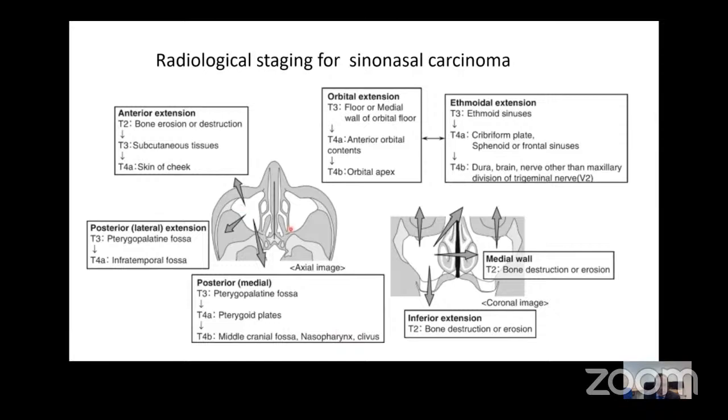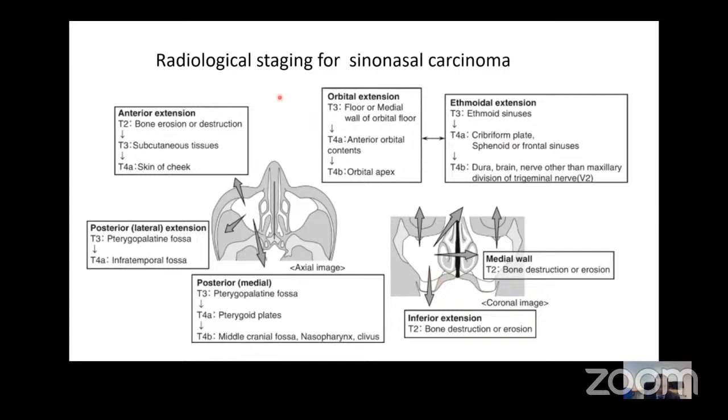I find this staging picture very useful. For me, it tells me that we need to assess whether the tumor is extending anteriorly through the bone, subcutaneous tissue, or the skin of the cheek, or posteriorly into the pterygopalatine fossa and infratemporal fossa, or medially into the postnasal space and the clivus, and laterally into the orbit or the orbital apex, or superiorly into the cribriform plate and into the brain, and medially into the contralateral side, or inferiorly into the hard palate.